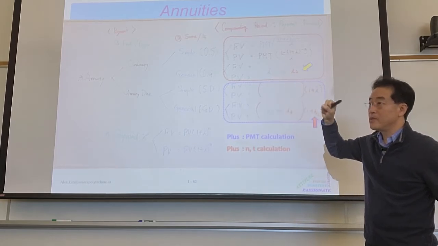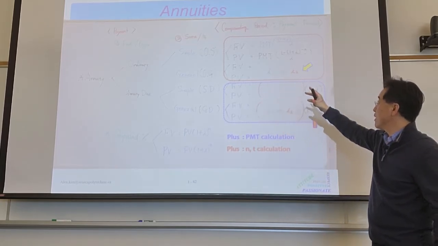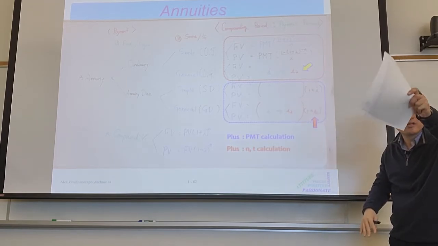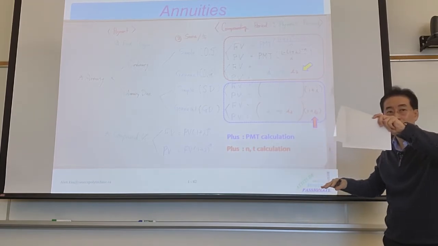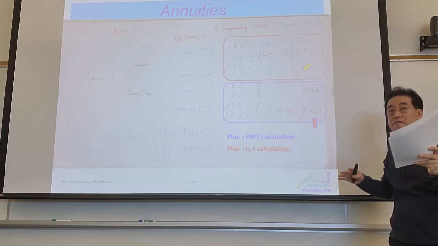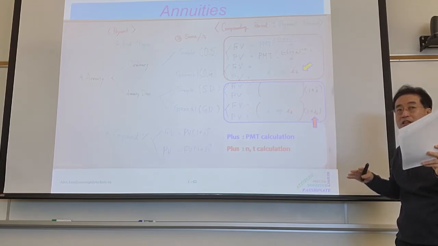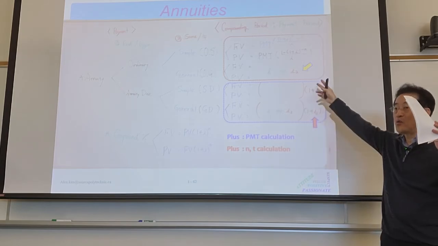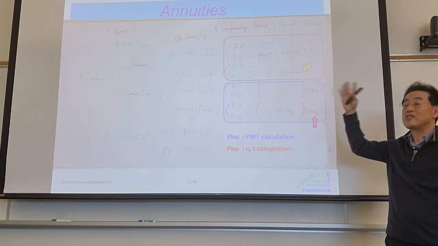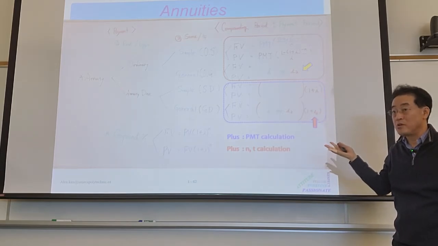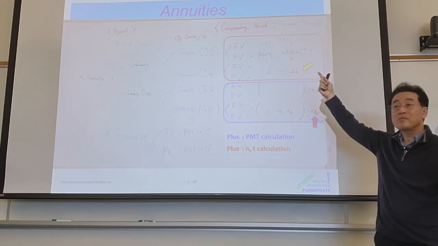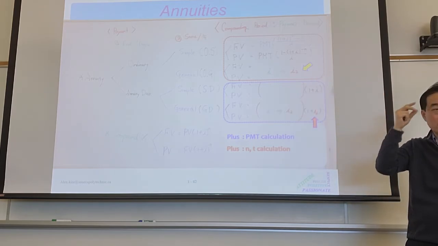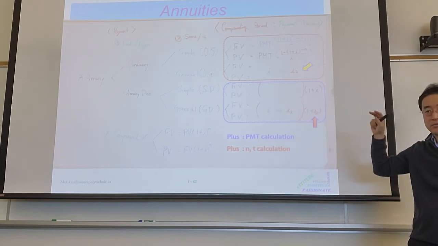Same for simple, different for general. If it's general, it means there is a difference between interest and payment period. So we convert and find the equivalent interest rate under the payment period base. After that, because we have the equivalent interest rate, we apply the previous formula. It's just simple. Good? So for general, automatic, I2.